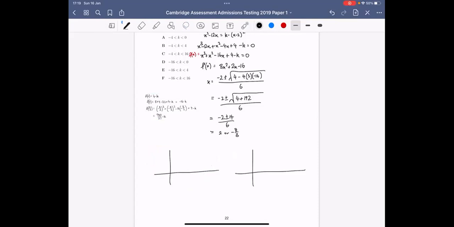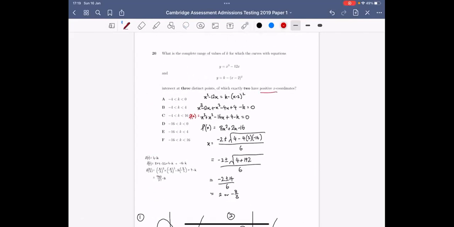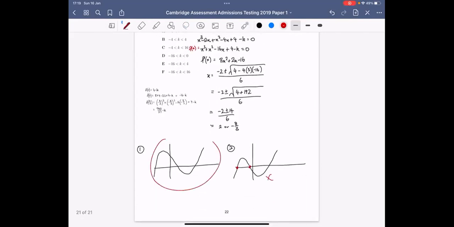Case 1 looks like this. Case 2 looks like this. But case 2 is not what we want because it has 2 negative x coordinates, but we want positive. So we can only look like this.